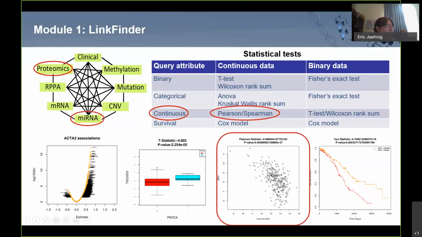If we were interested in the correlation of a particular protein, such as in this example here, ZEB1, with microRNAs from the microRNA data, you could perform Pearson correlation analysis for the correlation between ZEB1 and each of the microRNAs. And you can choose your favorite microRNA and plot the correlation results as a scatter plot.